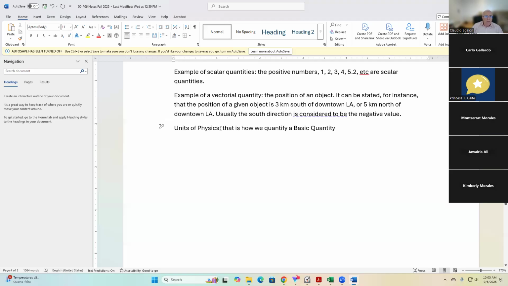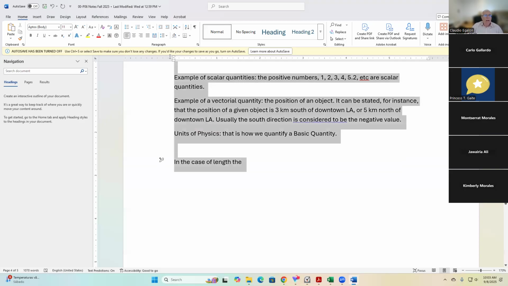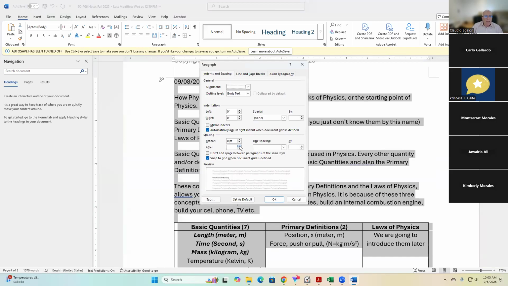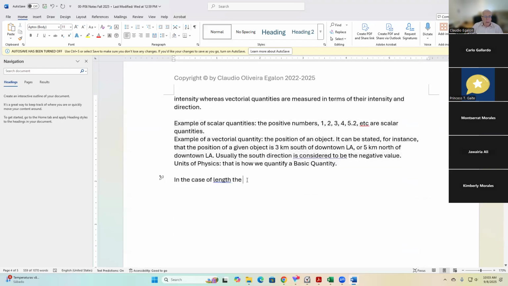In the case of lengths, the commonly used unit accepted internationally is the main SI, international system of units.